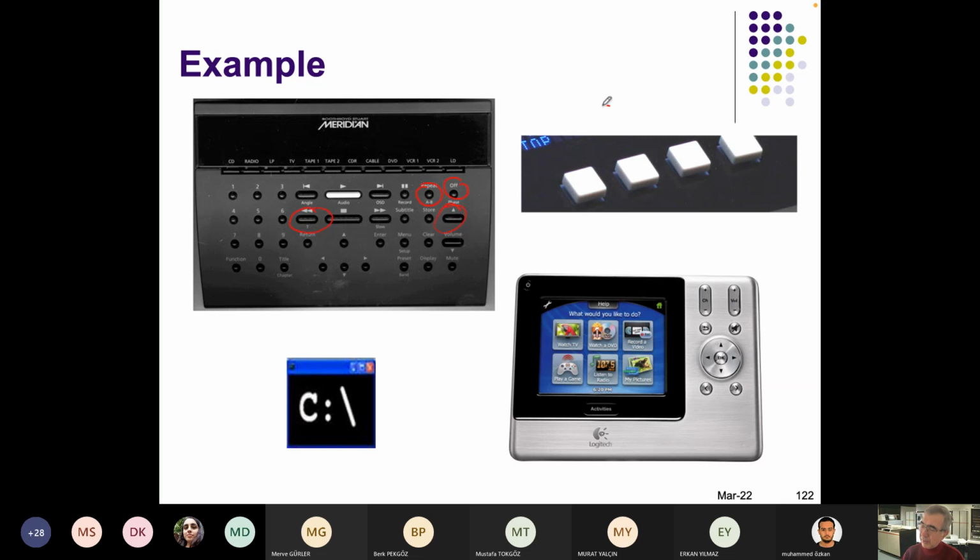Sometimes you have a small number of keys. On industrial equipment, you may not have a lot of keys. Then you should bring a navigational method so that elements in the menu will be displayed on screen.